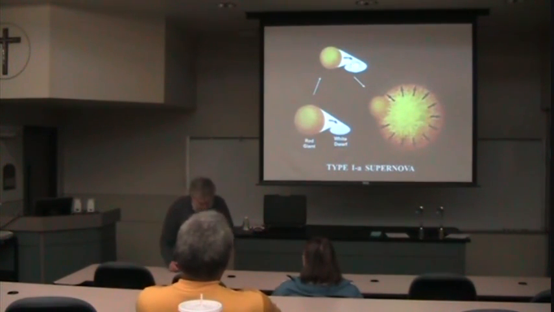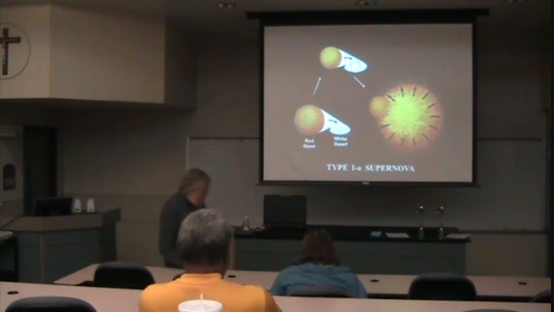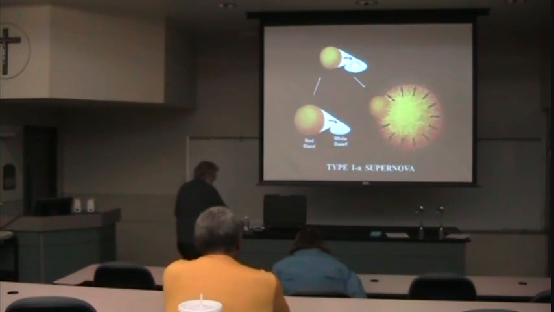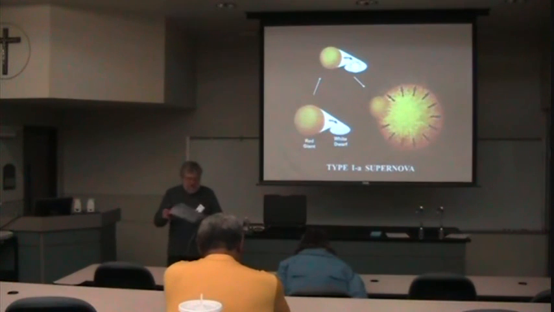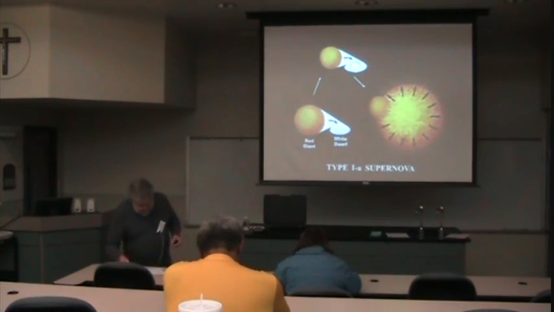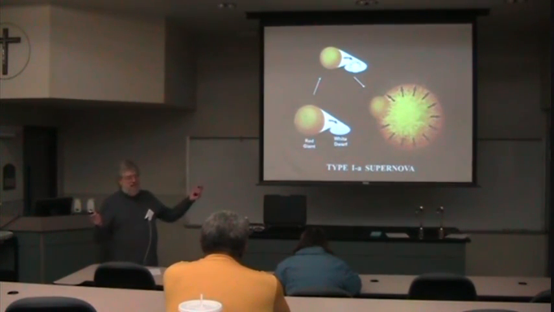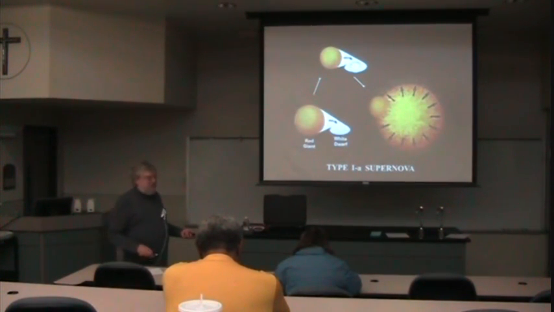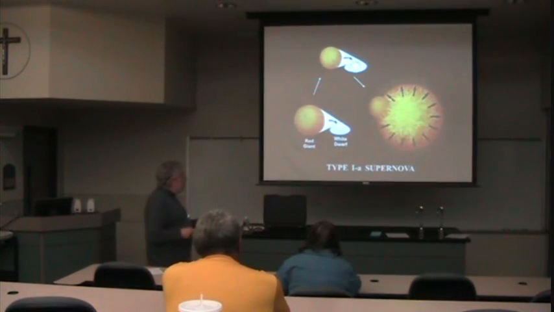And all the ones that have been accurately measured are, in fact, and they have an absolute magnitude of -19, as I recall. All of them, and that's brighter than the type 2 supernovae like the Crab Nebula. Those get to a maximum of -17.5, but this goes to -19 when the type 1A supernova blows.